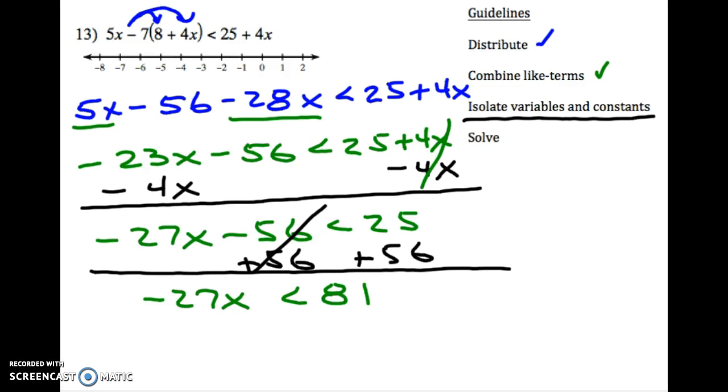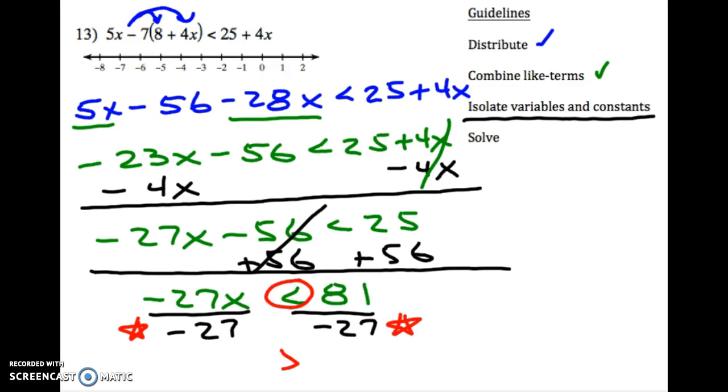At this point, we're going to divide, so the coefficient is negative 27. Once again, important to note, with inequalities, when we are dividing or multiplying, in this case dividing by a negative number, we got to switch the direction of the inequality, so that's going to become a greater than.